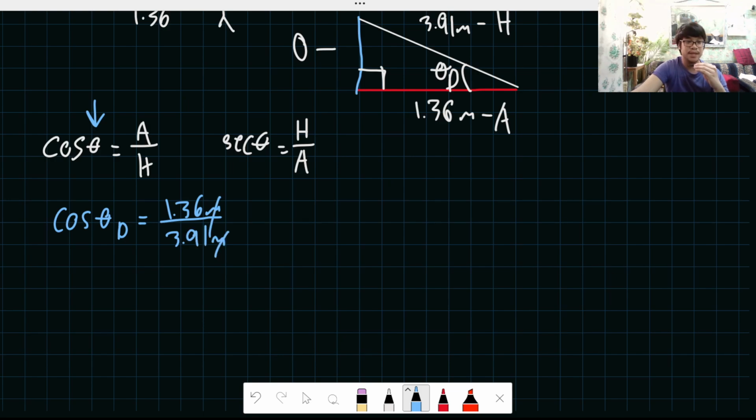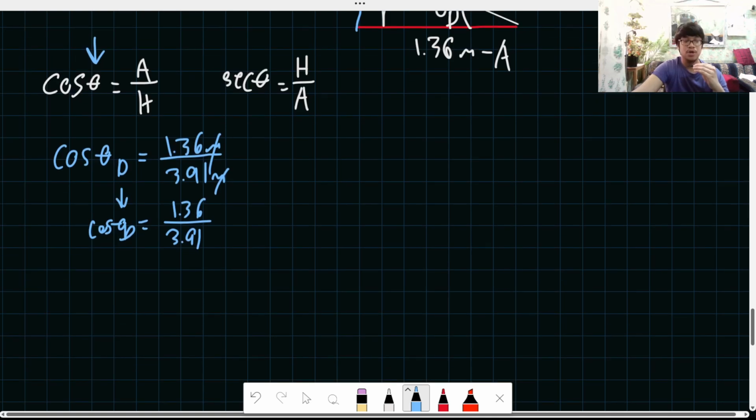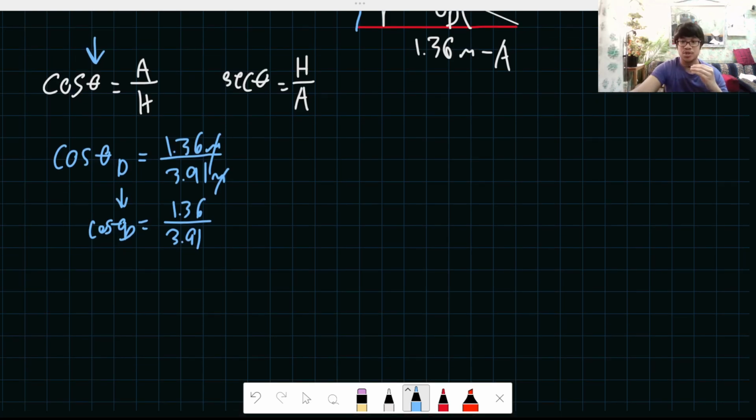We cancel out the meters, and what's left is 1.36 over 3.91. Since we have cosine given and we're going to find the angle of depression, we're going to use inverse cosine, just like what we did earlier.